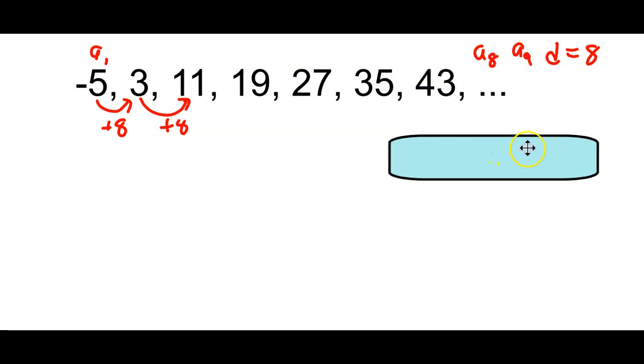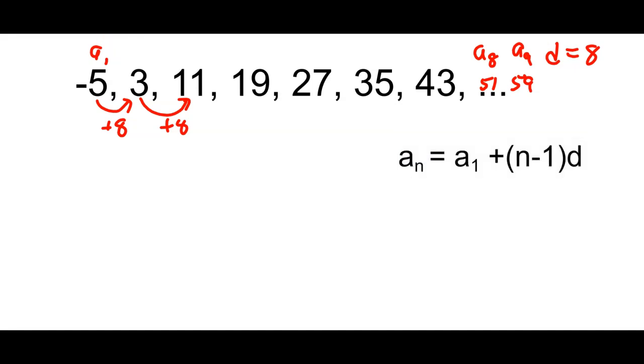So there's a couple ways you can do this. The easiest way is to just add 8 to it, and you get 51. Add another 8, you get 59. Now, give me the formula for any term I want. To do the formula for any term, you're going to say, okay, for any term, a sub n, plug in the numbers that you know here.